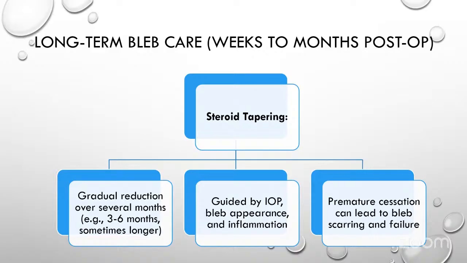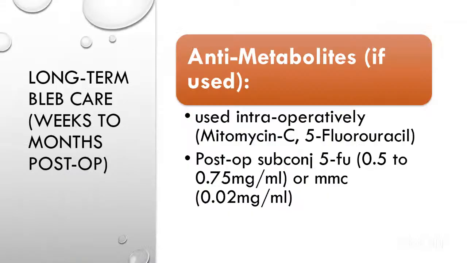Sometimes you may need to replace your steroid with non-steroidal anti-inflammatory, maybe from the fourth month, and you replace it with the non-steroidal anti-inflammatory for another 2-3 months before you discontinue. Sometimes while you're stopping the topical steroid, you may actually leave the patient on ointment steroid that they apply once at night for a longer period, all in a bid to try and modulate the outcome of your bleb to get a better or a successful long-term functioning bleb.